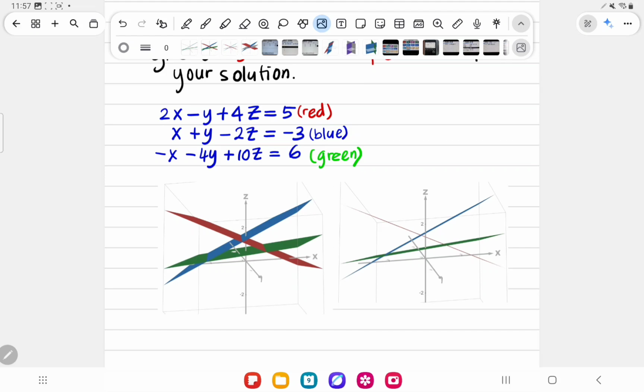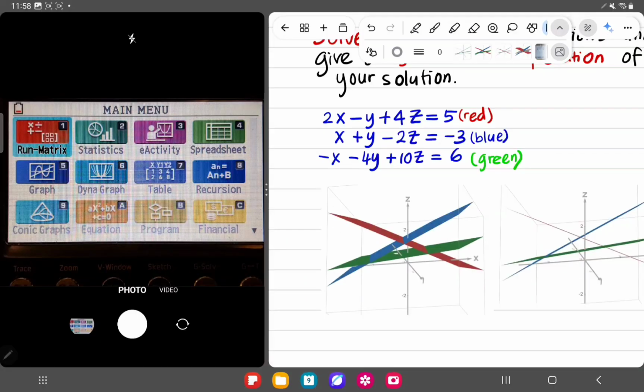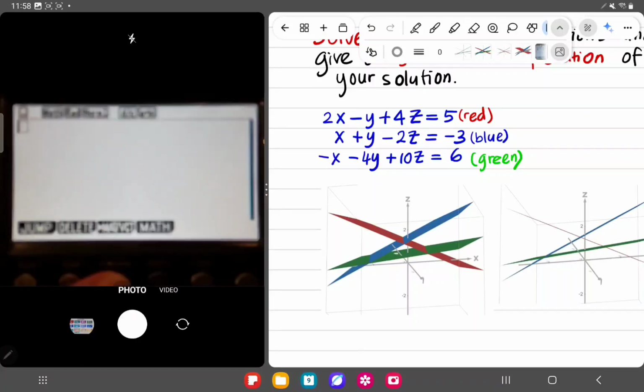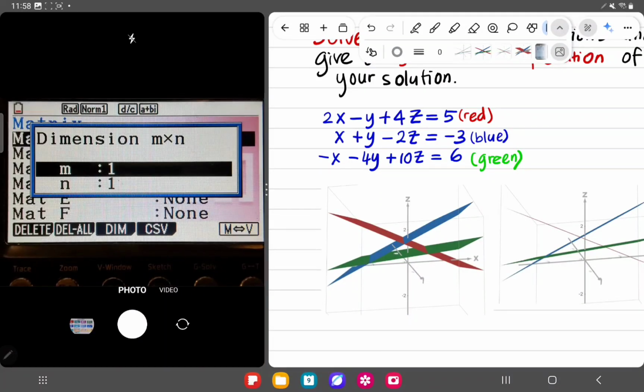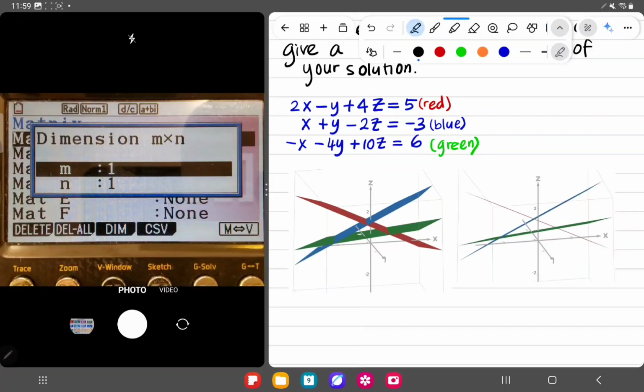Now, let's confirm this using the CASIO fx-CG50 graphical calculator. Go to Menu, Run Matrix, select Matrix, and the definition. Create a 3 by 4 augmented matrix.